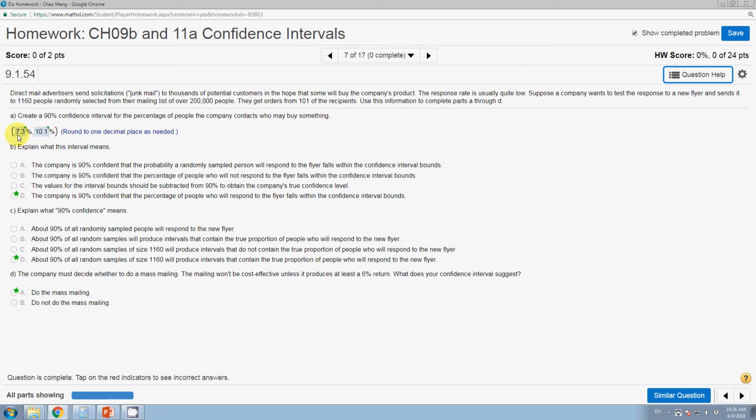We find out 6% is even lower than the lower limit of the confidence interval. We know that the true proportion is somewhere between those two boundaries, and 6% is out there. That means the true proportion is going to be greater than 6%. So that means it is cost effective. So let's do the mass mailing.